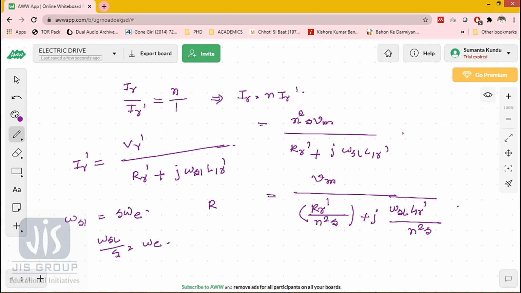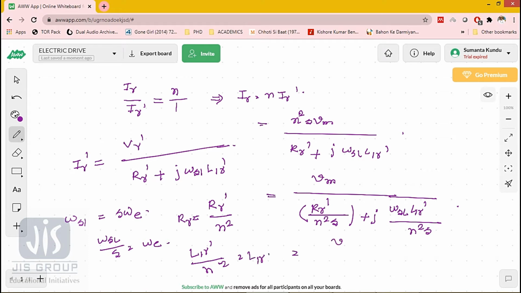So RR dash by N square we take as RR, and L1R dash by N square we take as L1R.